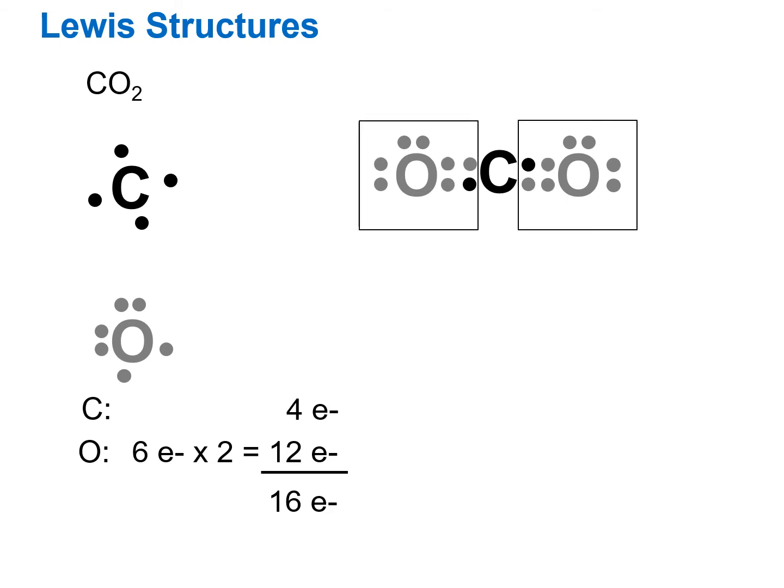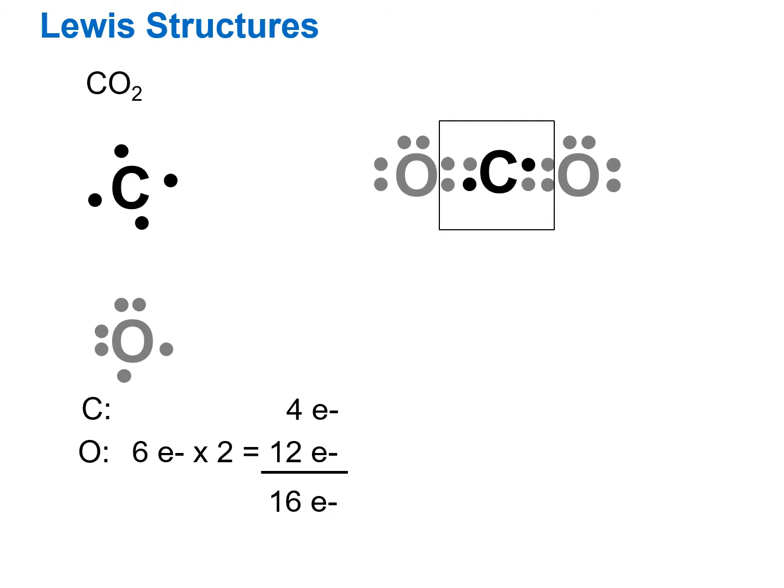We still have octets with both oxygens. Even though they're sharing 4 electrons with carbon, they still have an octet. And what about carbon? Now carbon has an octet too. Well, that works out just dandy. And what do we notice? How many electrons are being shared between carbon and the oxygen on the left? 4.